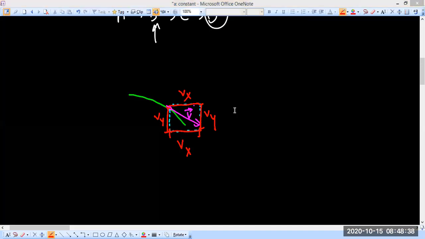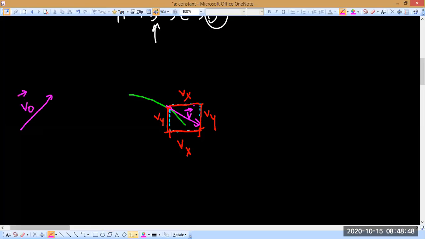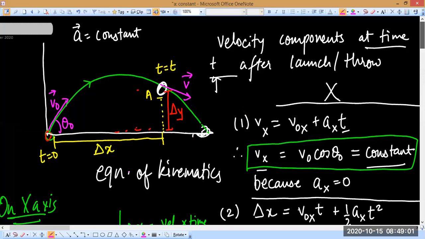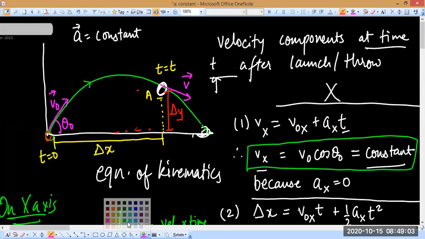Right? So you see that initially, let's draw the initial picture. Initially, the velocity vector was like this, right? And it was making an angle theta 0. Now the angle has changed. Do you realize the angle is changing continuously as this particle goes from here to here to here to here to here, right?